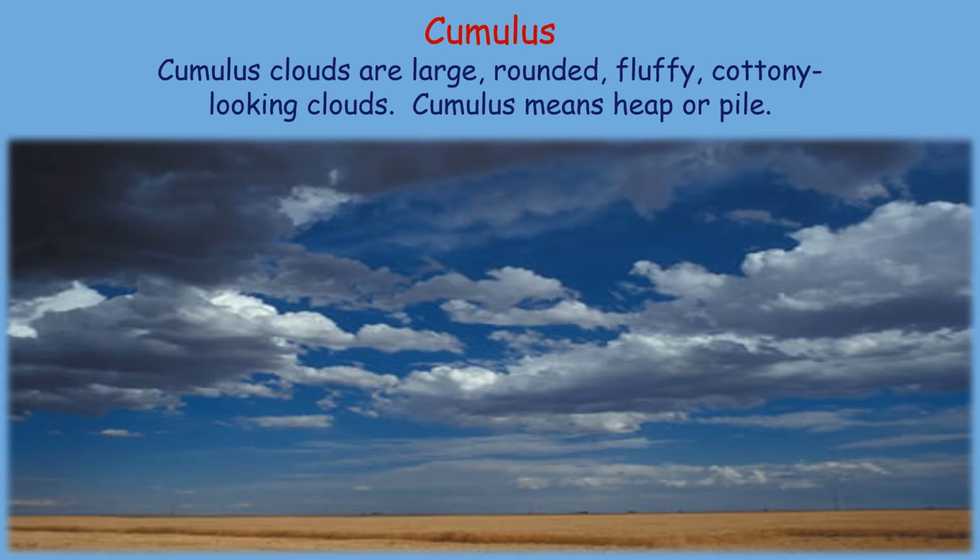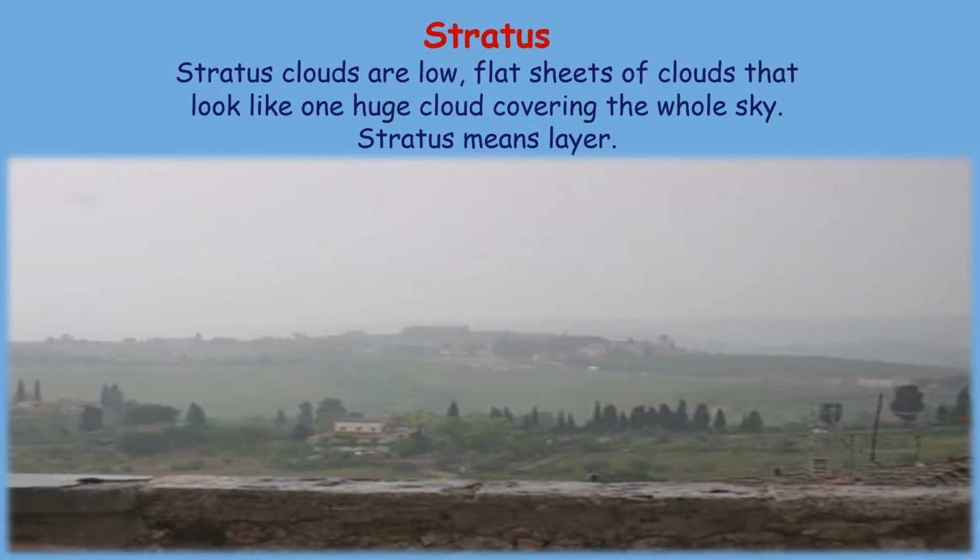First is this one. If you hear the word cumulus, cumulus clouds are large, rounded, fluffy, cottony looking clouds. Cumulus means heap or pile. This one is stratus.